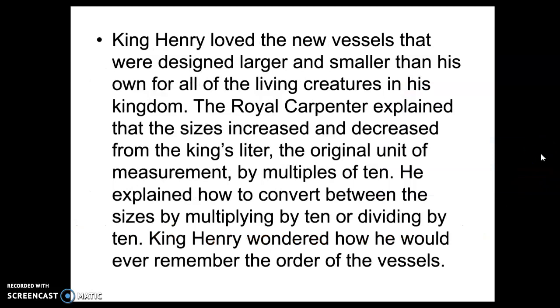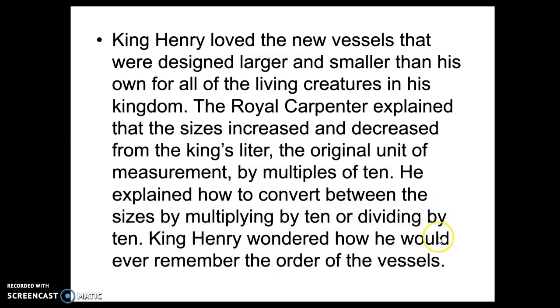King Henry loved the new vessels that were designed larger and smaller than his own for all of the living creatures in his kingdom. The royal carpenter explained that the sizes increased and decreased from the king's liter, the original unit of measurement, by multiples of 10. He explained how to convert between the sizes by multiplying by 10 or dividing by 10.